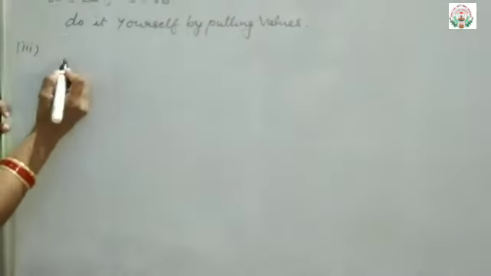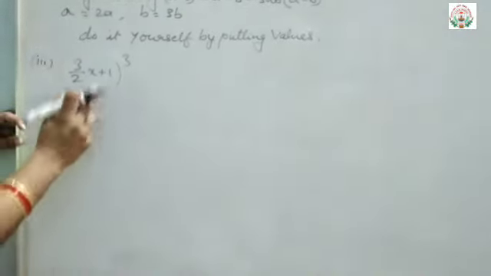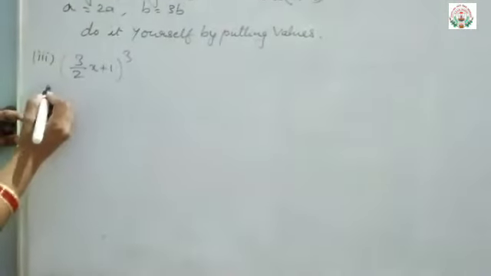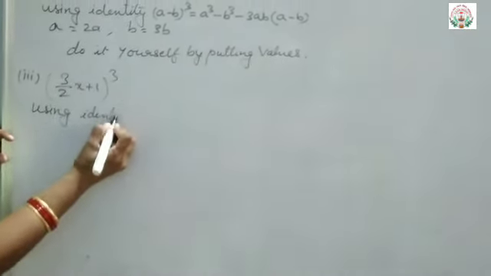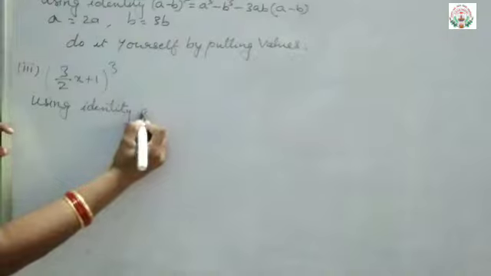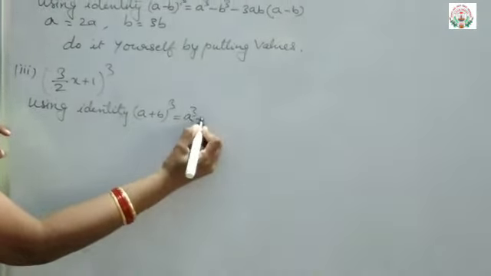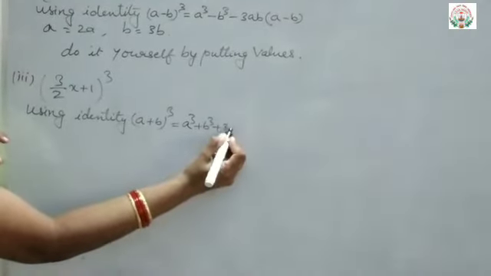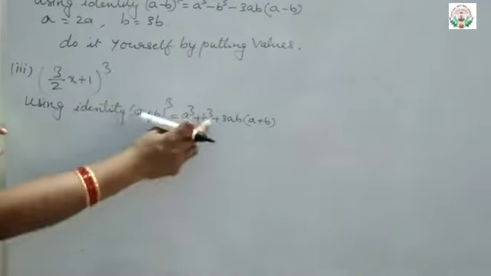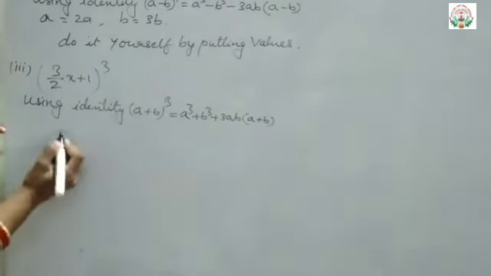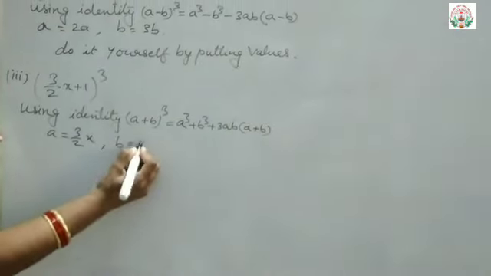Then the third one, you can see 3 upon 2 x plus 1 whole cube. Same formula like the first one you can follow, using the identity a plus b whole cube equals a cube plus b cube plus 3ab into a plus b. Here on comparing, a equals 3 upon 2 x and b equals 1.